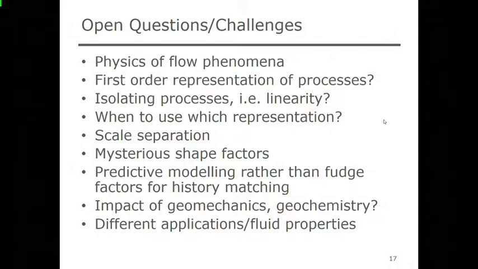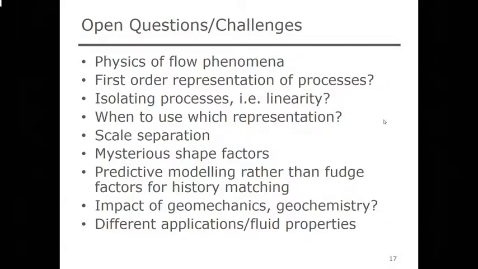So the question is, what is a proper first order representation of the processes? Can we isolate individual processes? In other words, is the system behaving, despite being heavily nonlinear, linearly in certain aspects? And then the question is when to use which representation. Do we have proper scale separation?